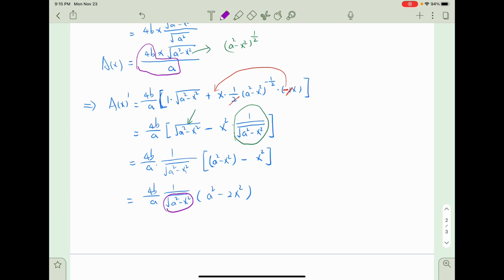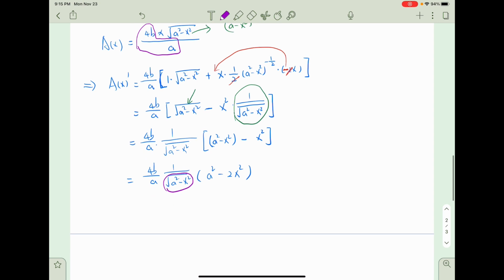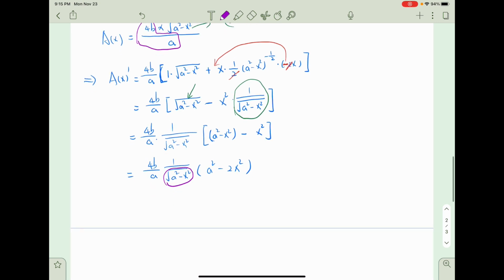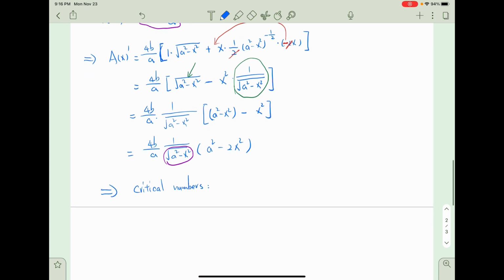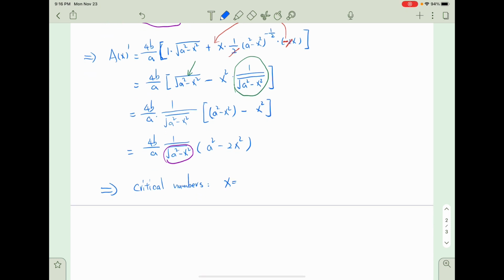So if x is equal to a, then this is undefined, and therefore the critical numbers must include x equal to a, right?